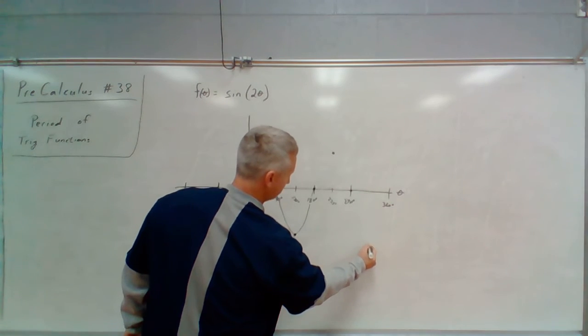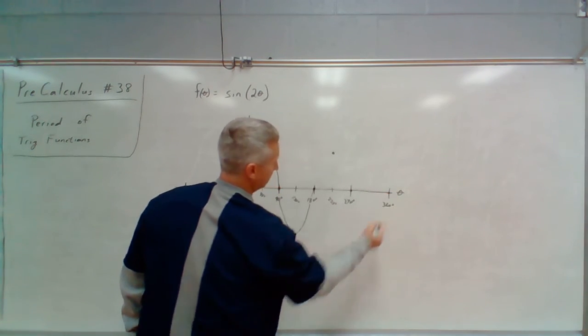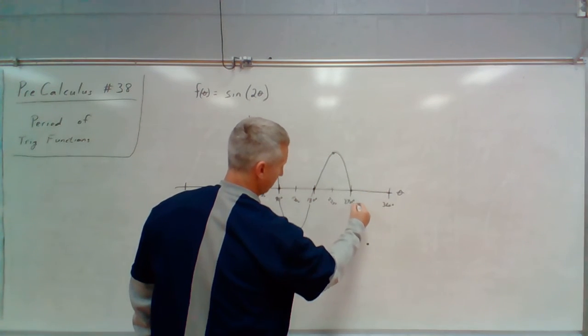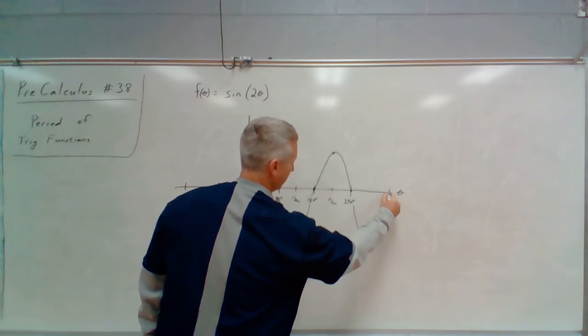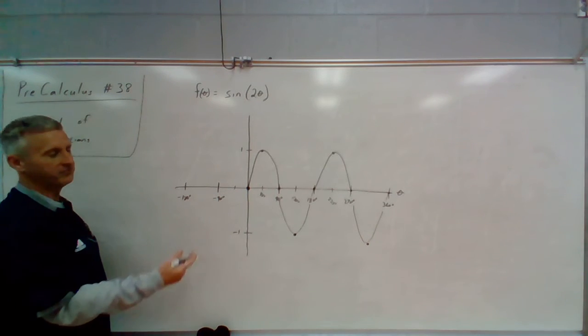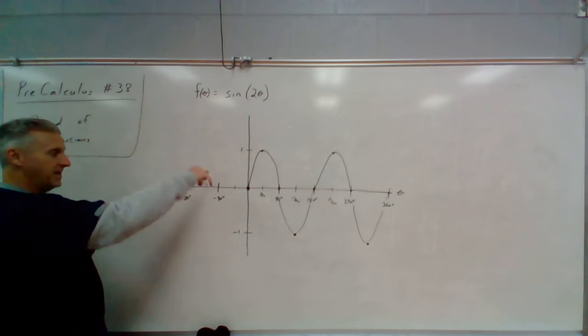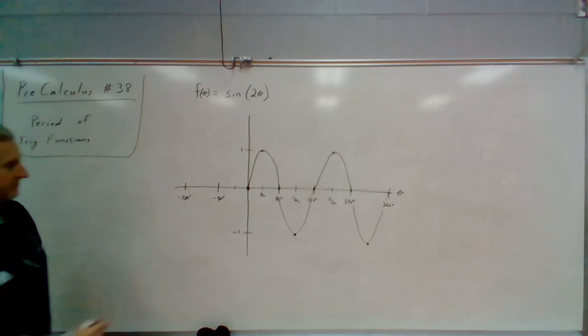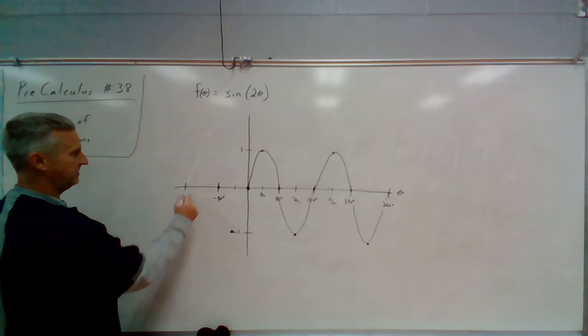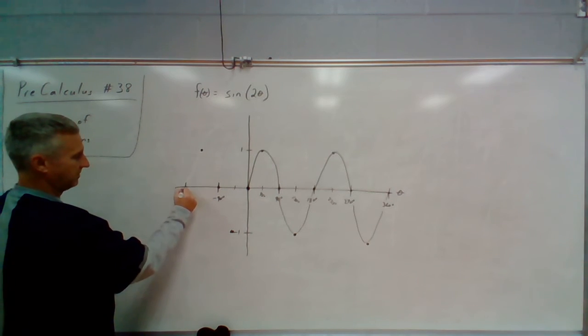Next one would be down here, and back to that. And then the same thing would occur over here if I plug in negative 45 degrees. 2 times negative 45 is negative 90. The sine of negative 90 is negative 1, so that's down here, and here, like that.